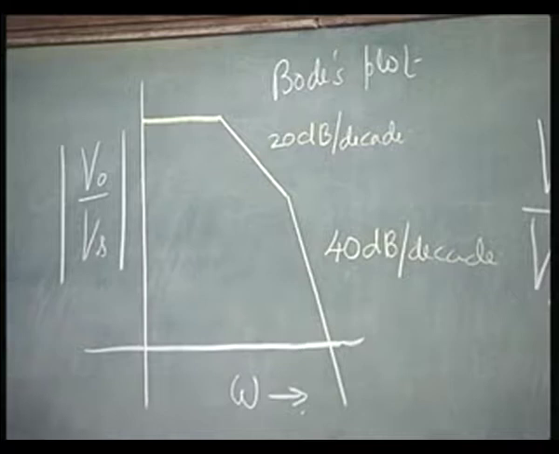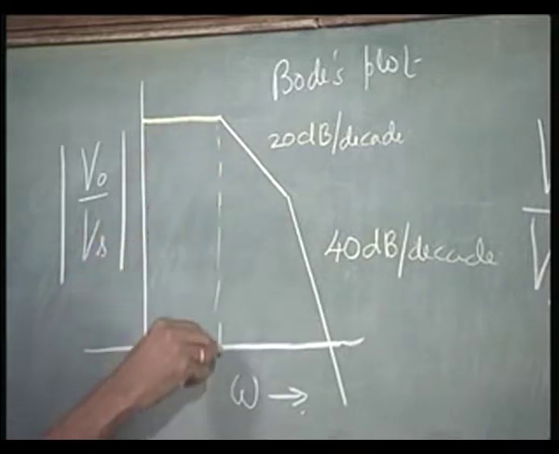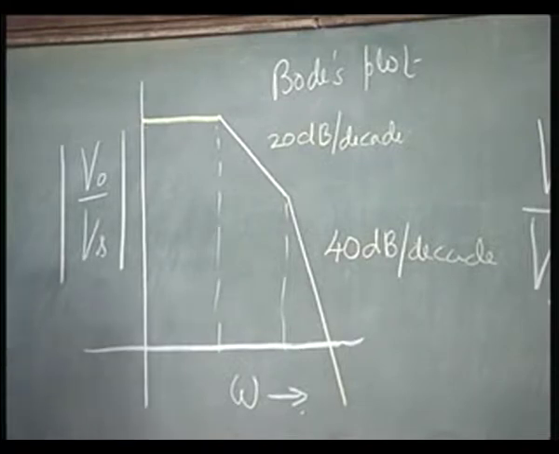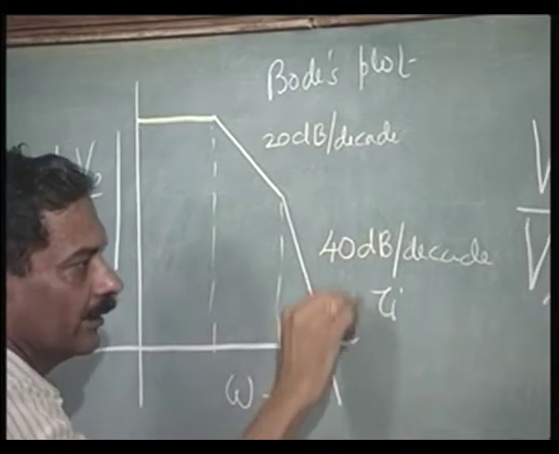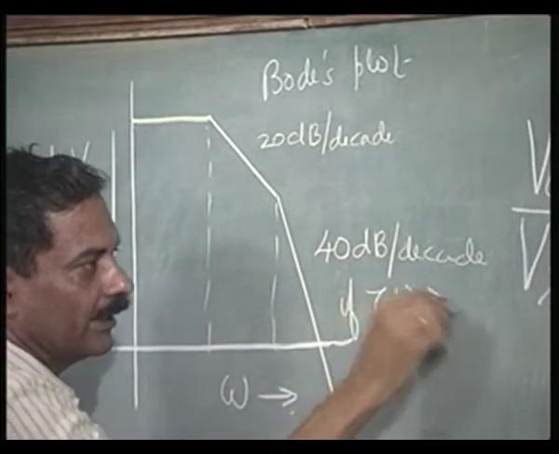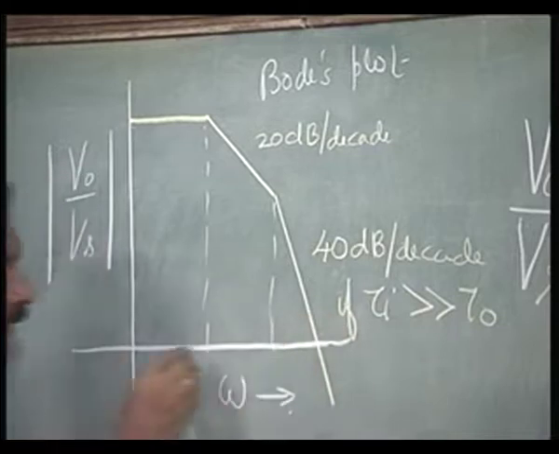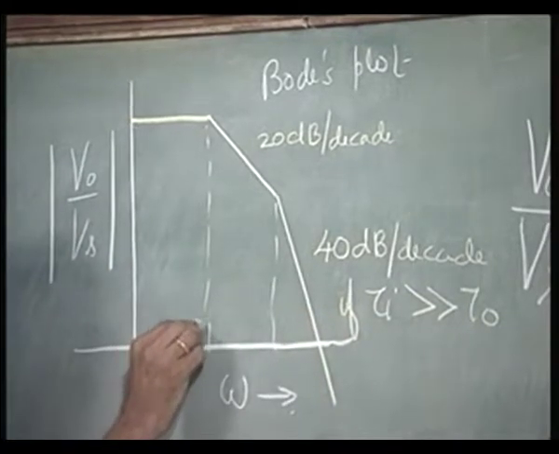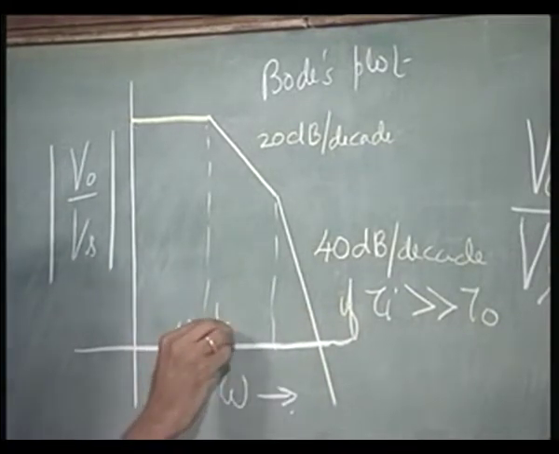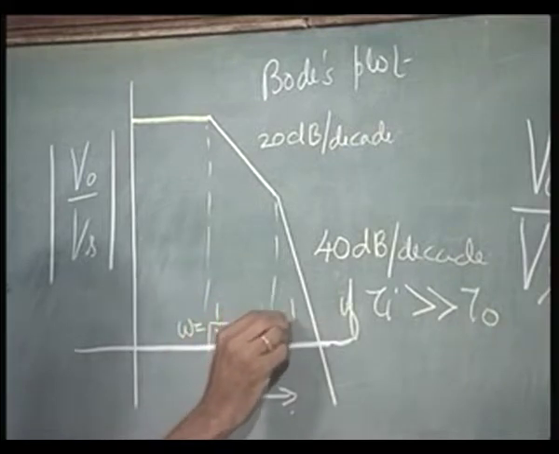So, assuming that this is the dominant time constant and this is less dominant, if tau I is much greater than tau naught, then this corresponds to omega equal to 1 over tau I, and this corresponds to omega equal to 1 over tau naught.